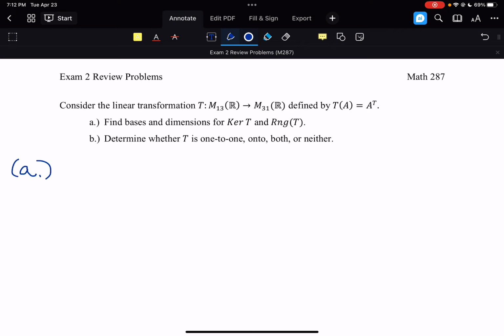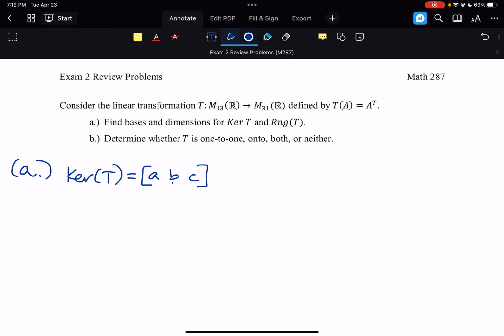So for part A, let's look at the kernel of T first. The kernel of T is going to be elements of the input vector space. So those are 1x3 matrices. So that'll be A, B, C, like that. We'll just keep it totally arbitrary.